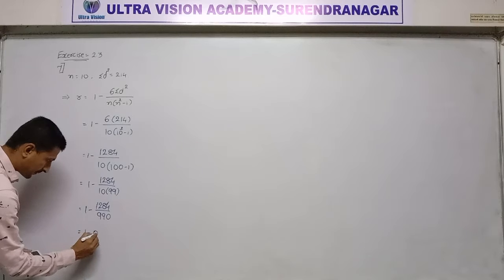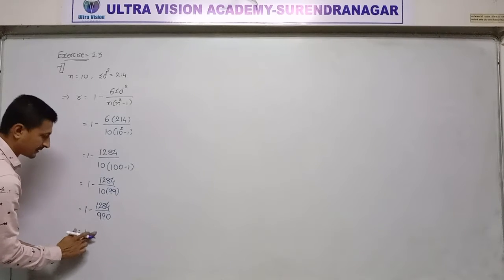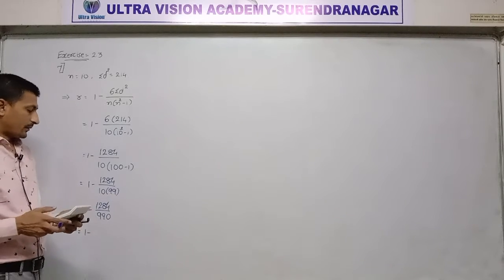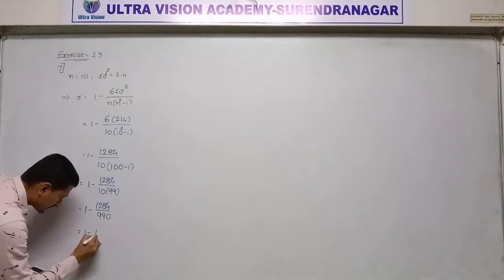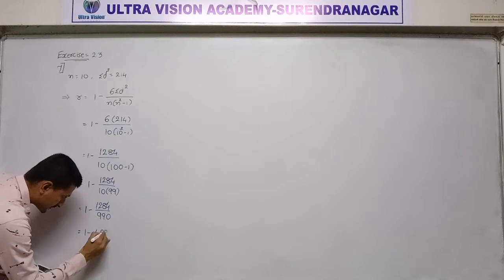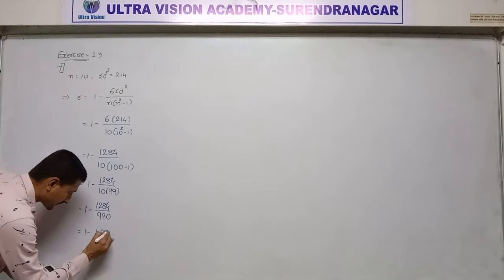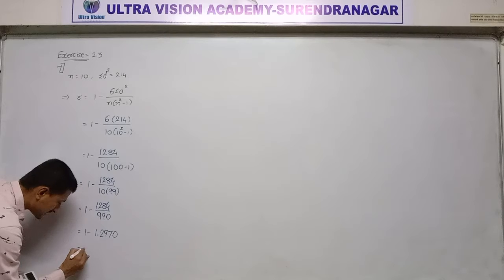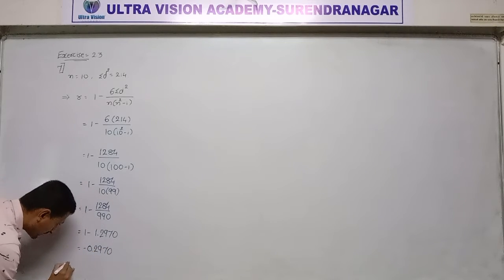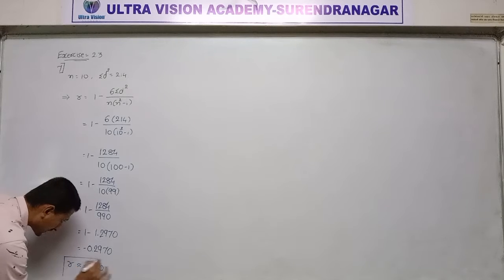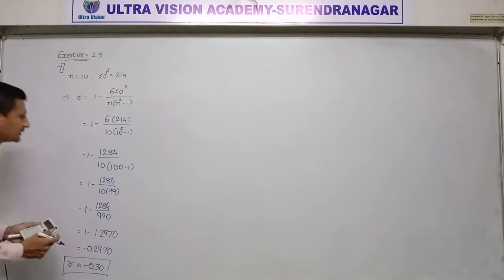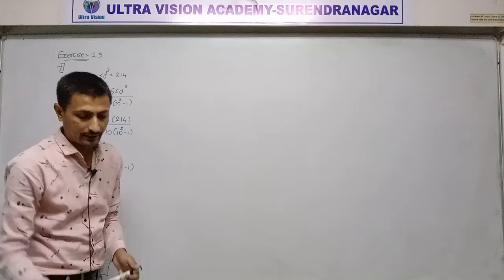Next, 1 minus 1440 divided by 990, which is 1.4545. So the answer is minus 0.4545. R is approximately minus 0.4545. Okay, so we have completed question number 7.